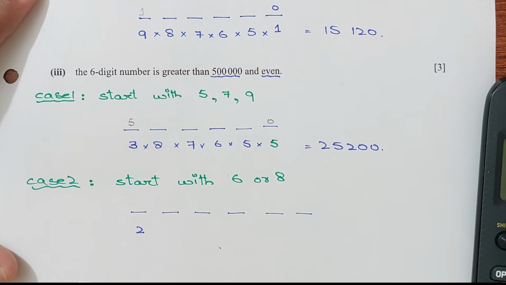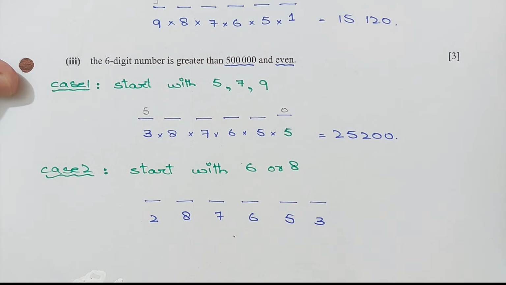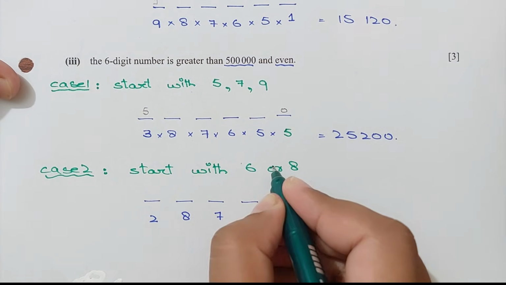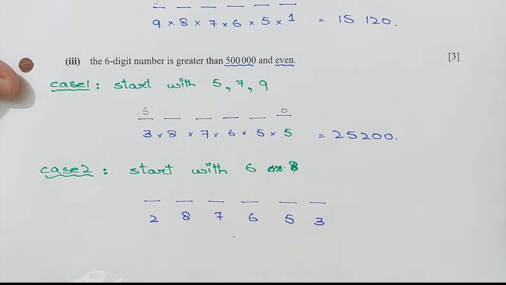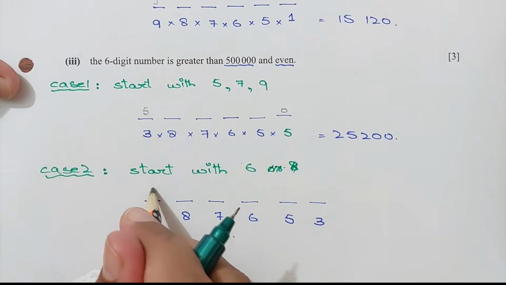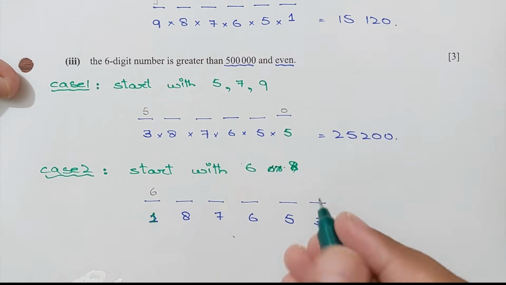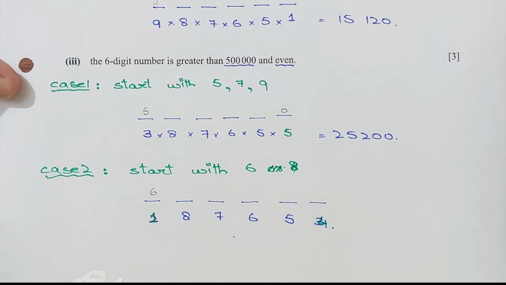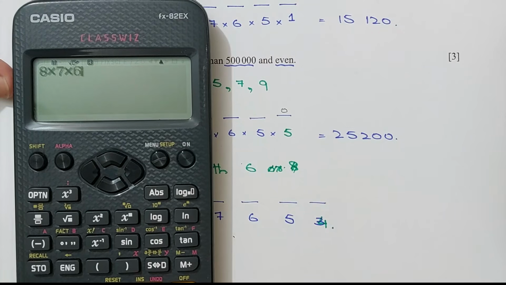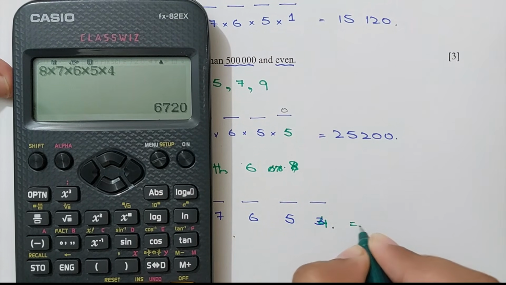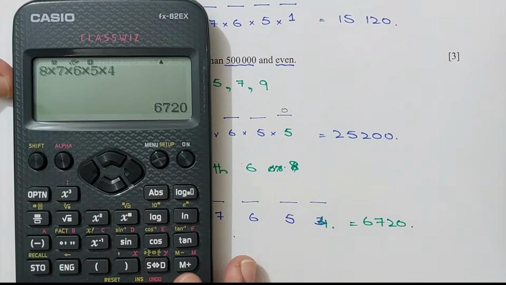Let me just consider starting with 6, because they are overlapping. So the first digit is 6, with only one option. The even numbers left are 0, 2, 4, 8, so 4 even numbers are left. Then we have 8, 7, 6, 5 and 4, which is 6,720.